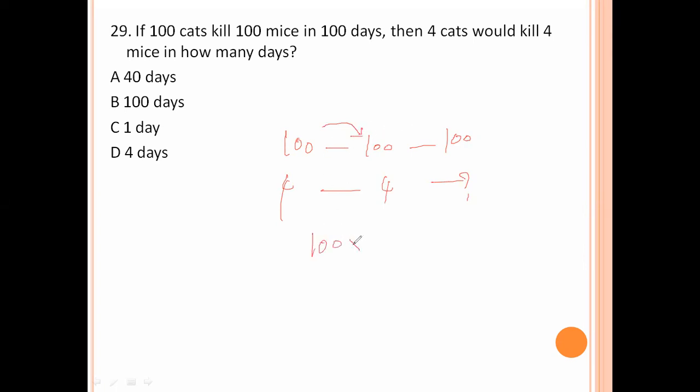So 100 into 4 into 100 equals 4 into 100 into question mark. 4 gets cancelled. Question mark equals 100. So option number B is the right answer.